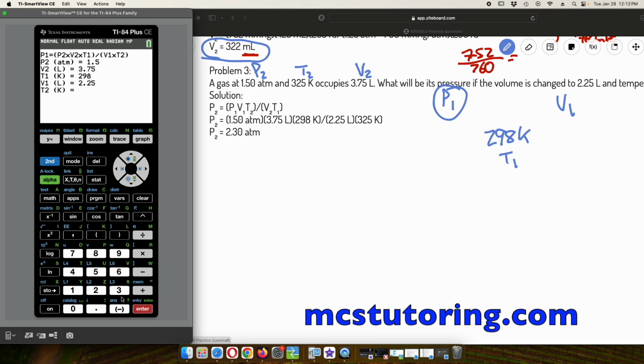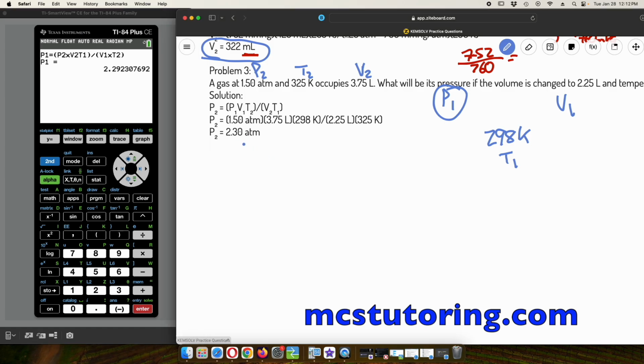Okay, T2, 325 K for Kelvin. And we're good. Okay, we're going to round this. 2.29. I'm going to go with 2.29 ATM. I'm more confident in my calculations here than I was when I did the Google Doc, so we're going to go with that.